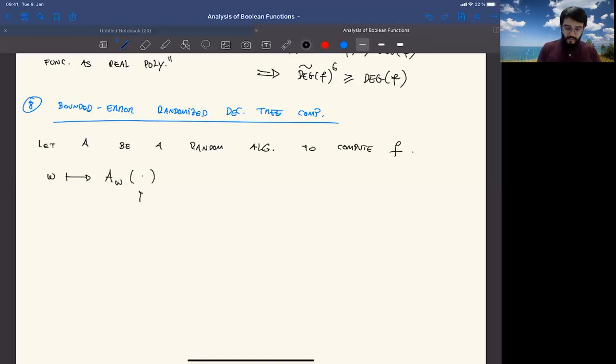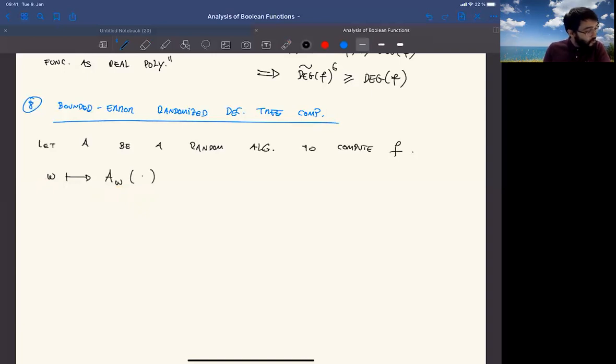You can put any input X here, and the algorithm guesses what the value of F is. There is intrinsic randomness here, dictated by the fact that this algorithm is actually a random variable, valued in the set of, say, partial decision trees. That's one way to look at it.